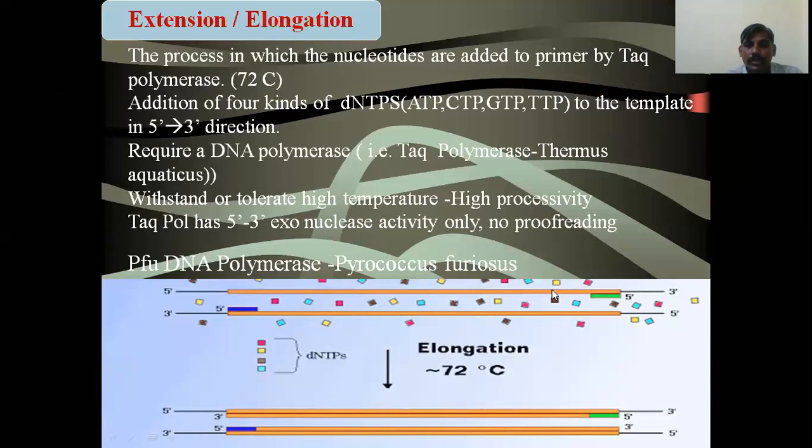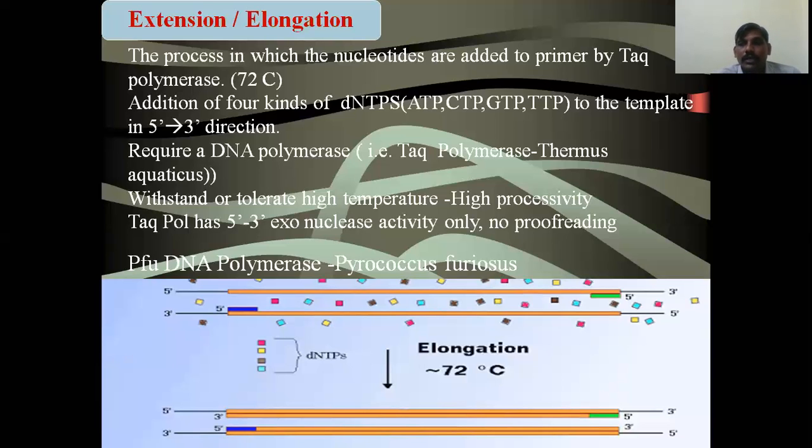Here we can see this is the primer and this is one more primer. It continues the synthesis of the new strand. This reaction takes place at 72 degrees Celsius. Normally inside human cells, DNA polymerase works at 37 degrees Celsius or 40 degrees Celsius.